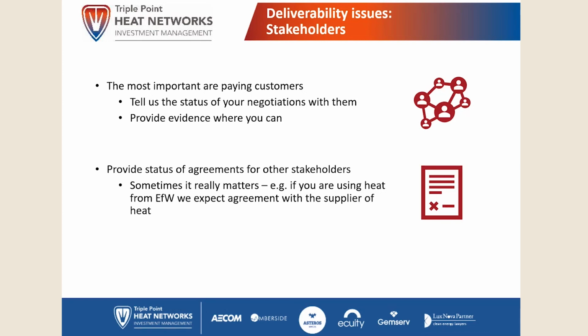So the first 2 categories of information we're asking for are the stakeholders. As we've said, the most important of the financial stakeholders is the paying customers. This is always a little bit tricky. Ideally, we'd like to see signed contracts with all the customers.